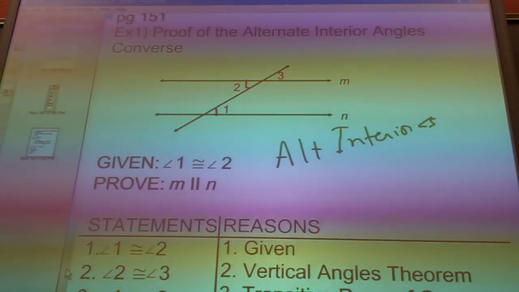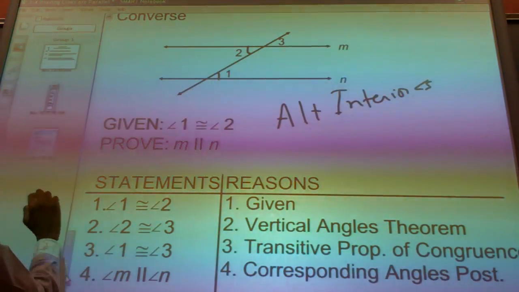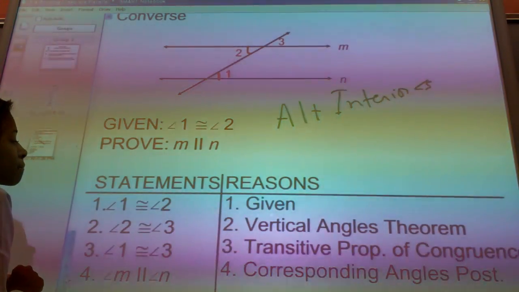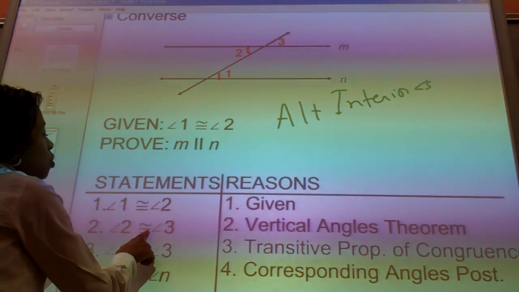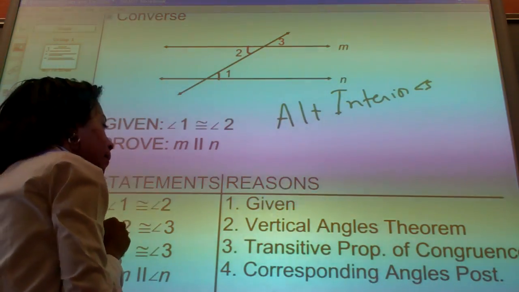Remember, in proofs, there's many ways to write a proof. So here we have for statement 1, I know that angle 1 is congruent to angle 2 because it's given. I know that angle 2 is congruent to angle 3 by vertical angles, so I threw that one in there. Okay?